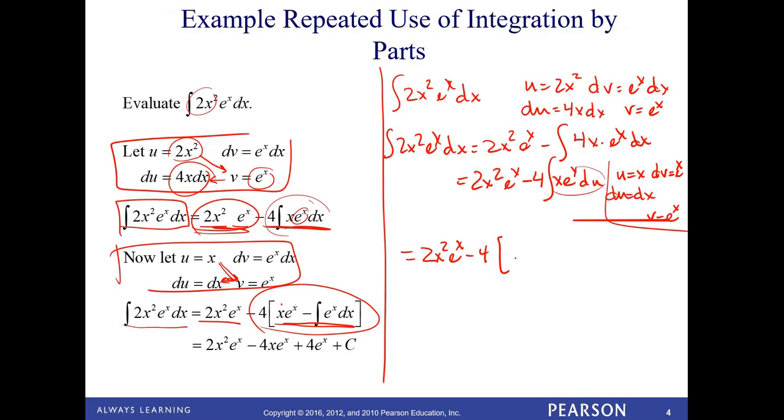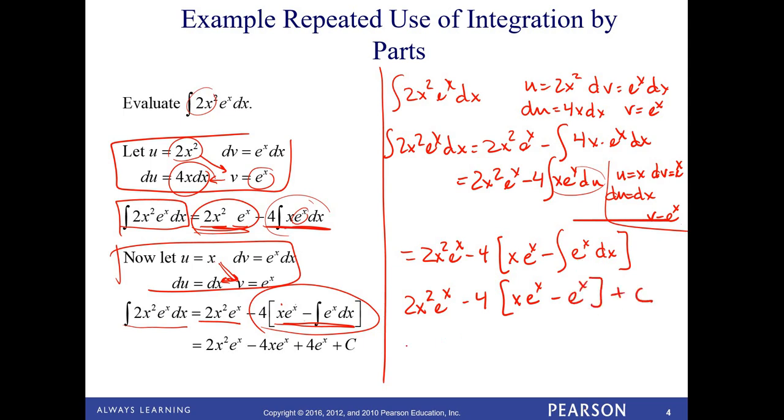U times v is x e to the x minus the integral of v du, which is just dx now. So 2x squared e to the x minus 4 times x e to the x minus my integral here, which is just e to the x, plus c.